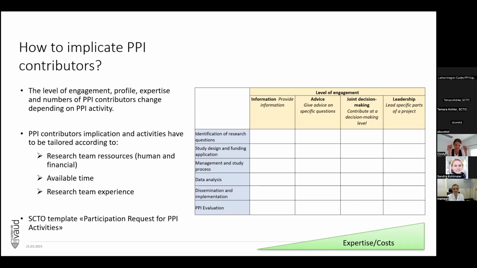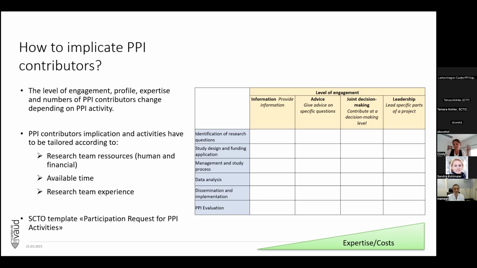And so you clearly have to think about those points. And in order to set the activities, what you also have to take into account is really the resources you have within your research team, both human and financial, and the available time that you have. It would be completely different if you have 4 months, as is the case for IICT calls, instead of 3 years, for example.